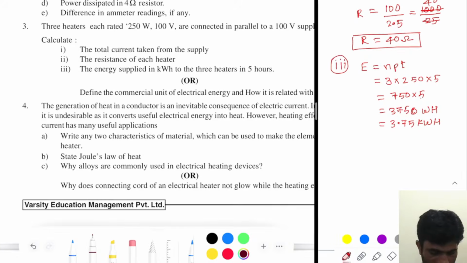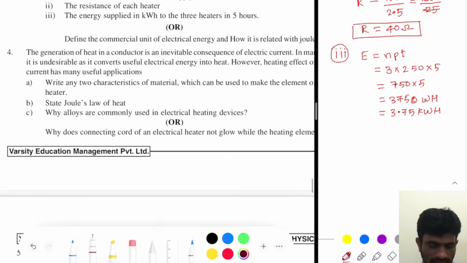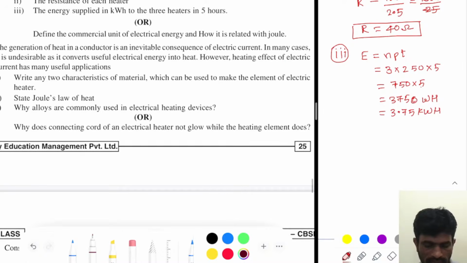Now what is the next question? What is the commercial unit of energy and how is it related to joule? The commercial unit of energy is nothing but the kilowatt hour. It means how much energy is consumed in 1 hour with a device rating in kilowatts. So the rating of the device is in kilowatt, and the energy it consumes in 1 hour is called 1 kilowatt hour.